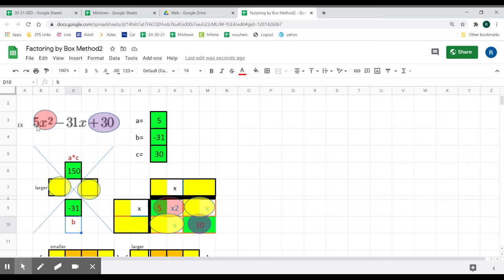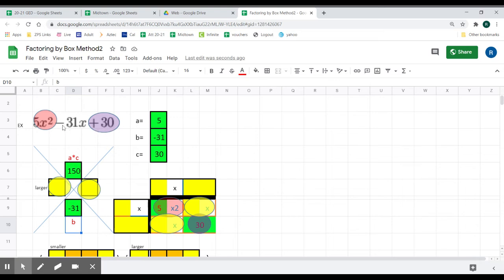And then you take the middle term and put it on the bottom. So you're asking yourself, what two numbers multiply together to give you 150? And when you add them, because this is a plus on the end, you get a negative 31.